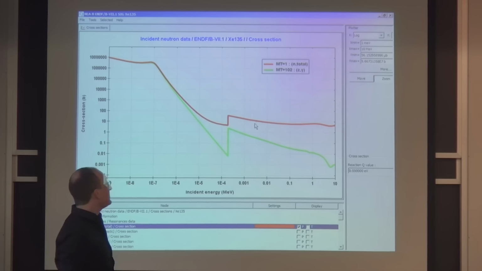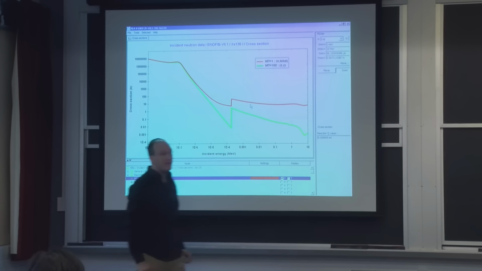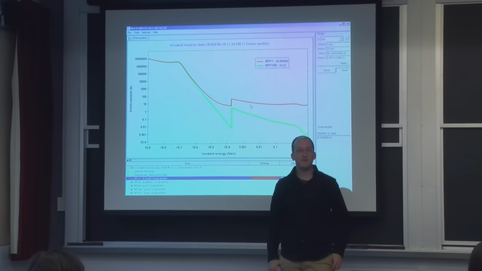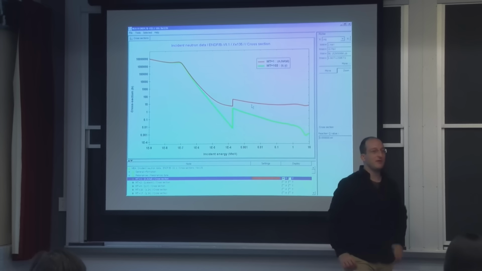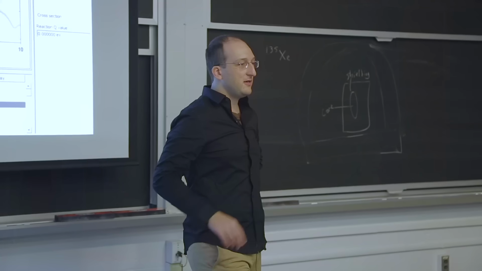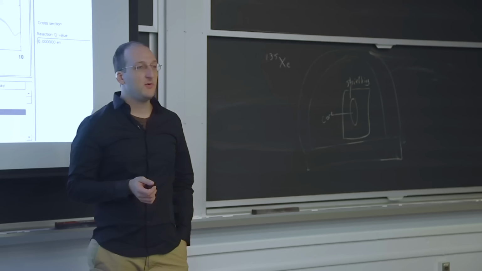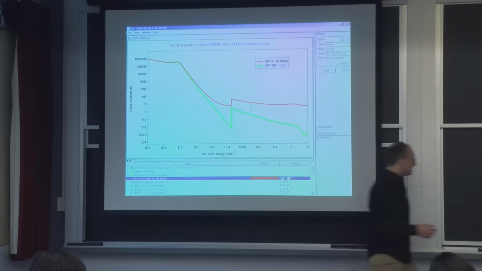Did you guys in your homework see anything that reached about 10 million barns? No. Xenon-135 is one of the best neutron absorbers there is, and reactors produce it constantly. So as they're operating, you build up xenon-135 that you have to account for in your sigma absorption cross-section.